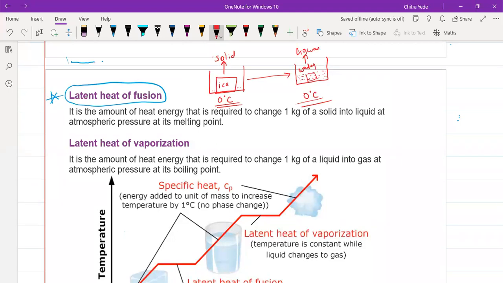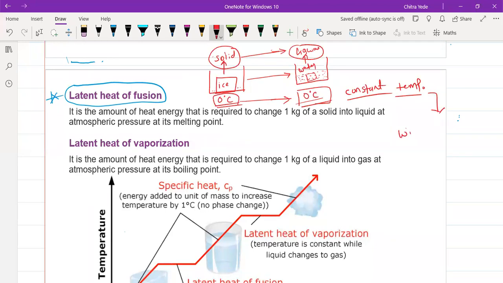Okay, so see here, when a unit mass of substance converts from solid to liquid state, is the temperature changing here? No. That means constant temperature. Constant temperature means without change in temperature.